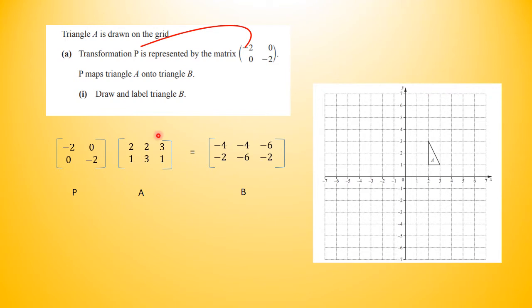And -2 into 3 is -6, plus 0 into 1, it's 0. So likewise, we use matrix multiplication to find the coordinates of triangle B, which are -4, -2, -4, -6, and -6, -2.